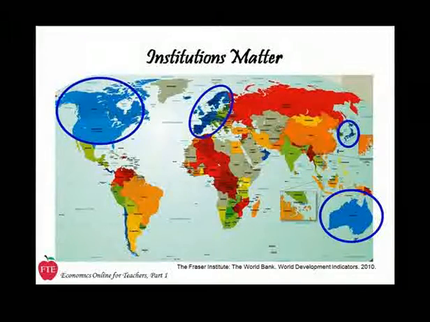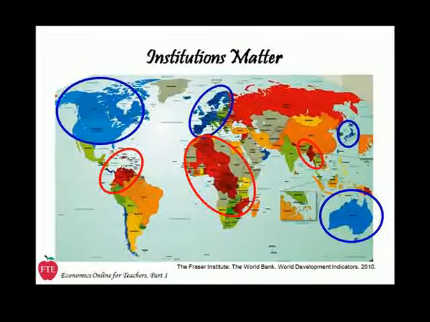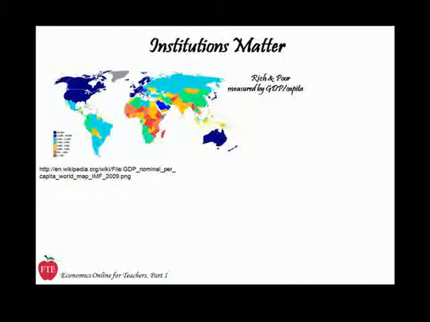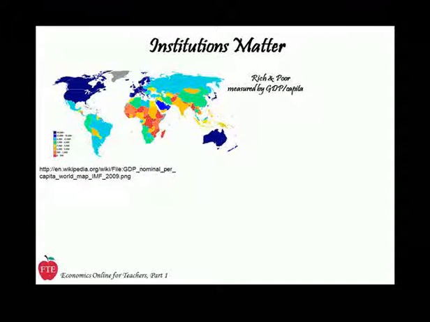Generalizing, bluer on the map means more or stronger presence of the institutions we've associated with economic growth, and redder means less or weaker presence of these institutions. Now, what happens if we compare nations' institutional rankings with their degree of wealth or poverty? Here's our map of rich and poor countries.